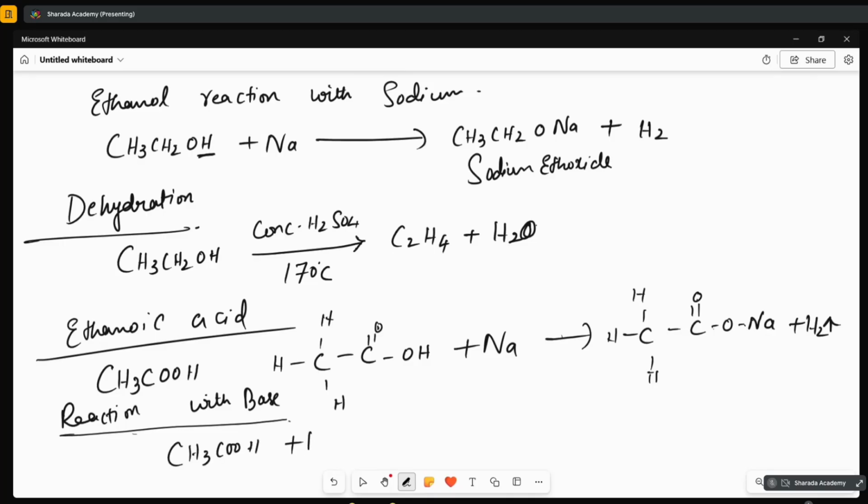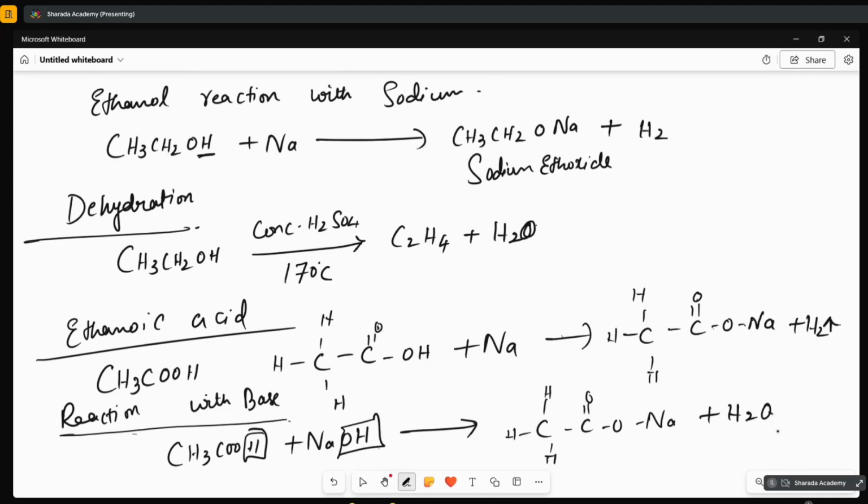CH3COOH plus NaOH. What will you get? Sodium acetate only, plus the water now. Why water? We have OH group here, 1H combines, it will become water. So remaining O, 1H is replaced by Na. So this is sodium acetate.